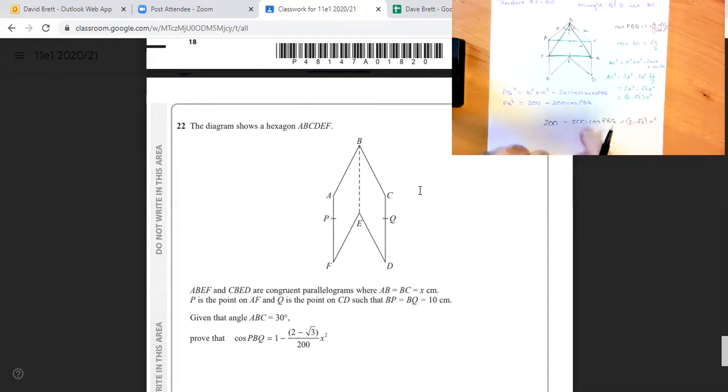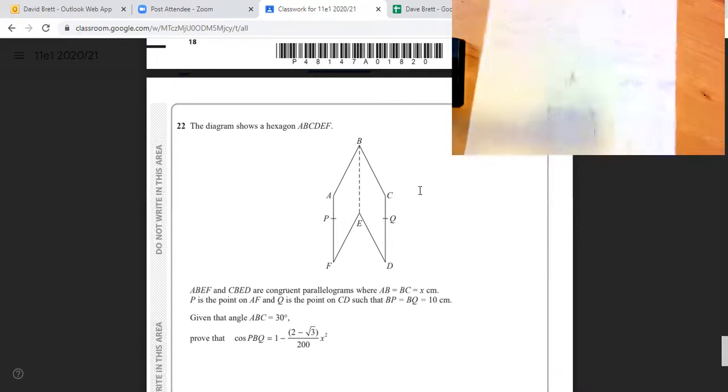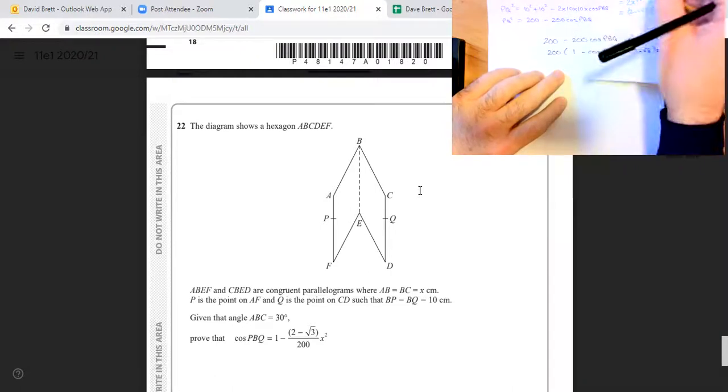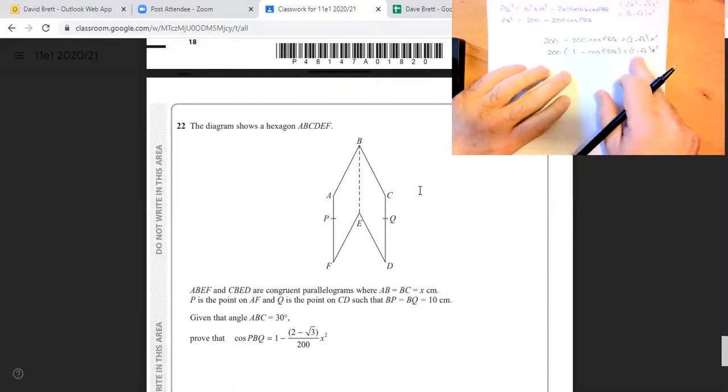So let's take a factor of 200 out. 200 times (1 minus cos PBQ) equals (2 minus root 3) x squared. We're getting there. It almost looks like we've got the answer.